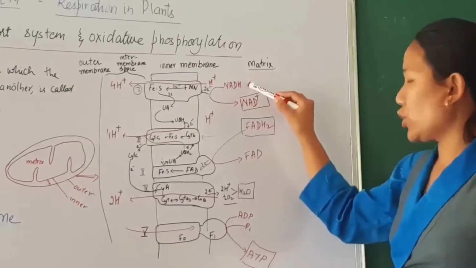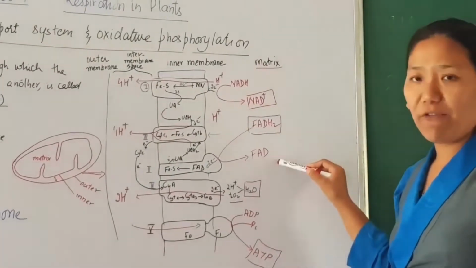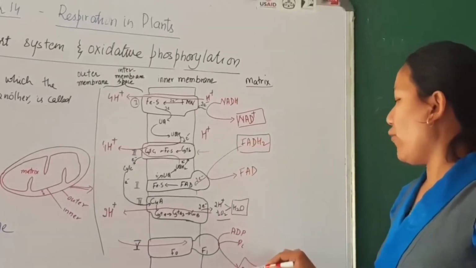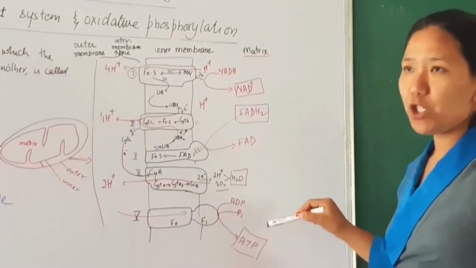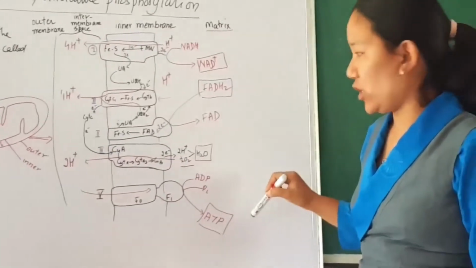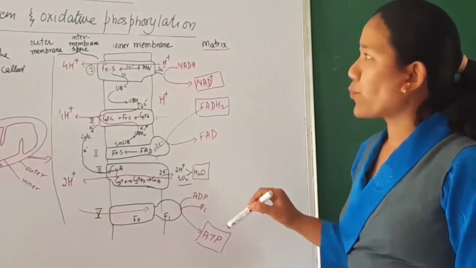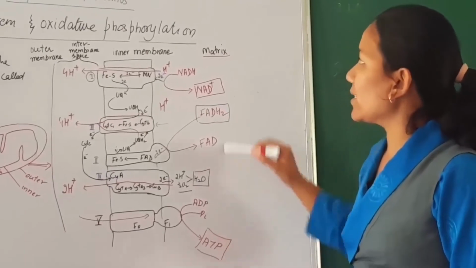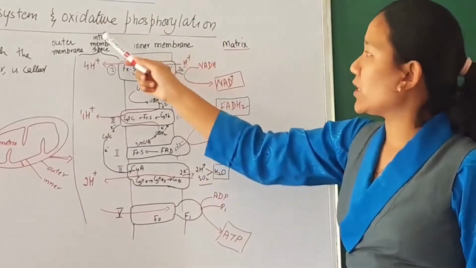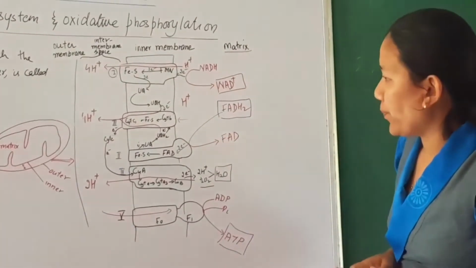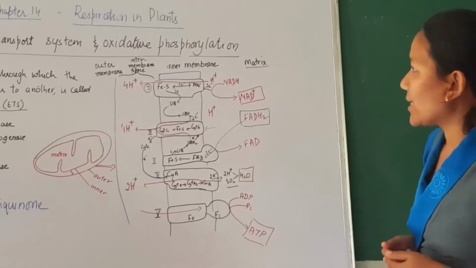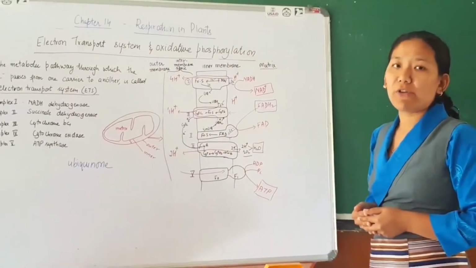So there is an oxidation of NADH, oxidation of FADH2, and this finally results in the formation of ATP, adenosine triphosphate, which is the currency of energy. So such a process of ATP synthesis is called oxidative phosphorylation. Okay, so this is how ATPs are synthesized during respiration.